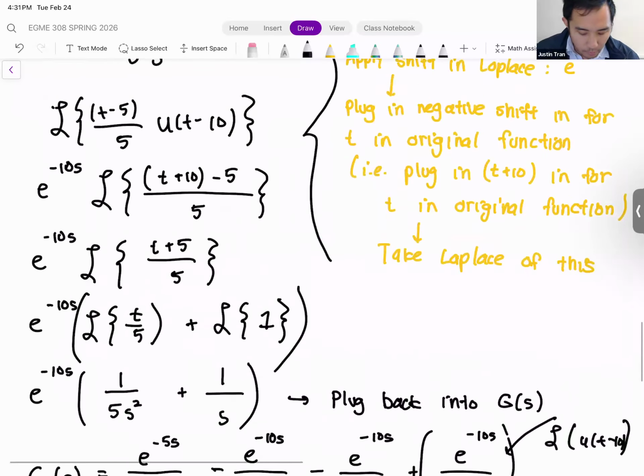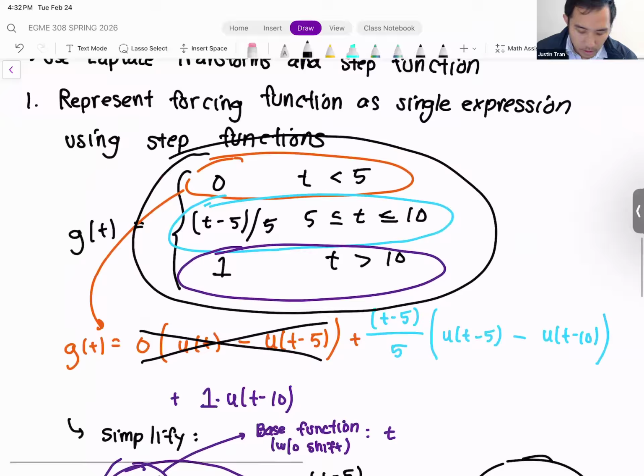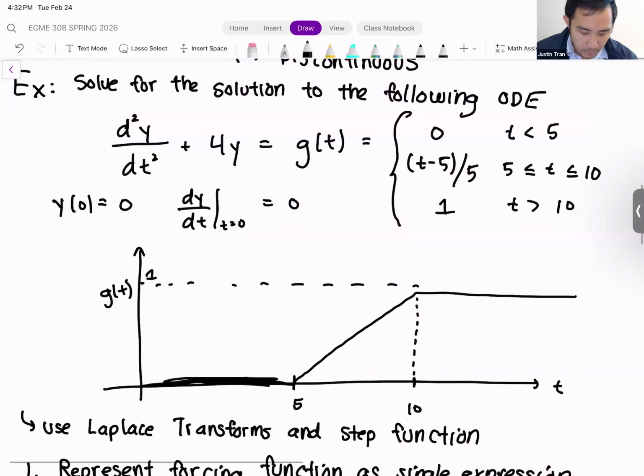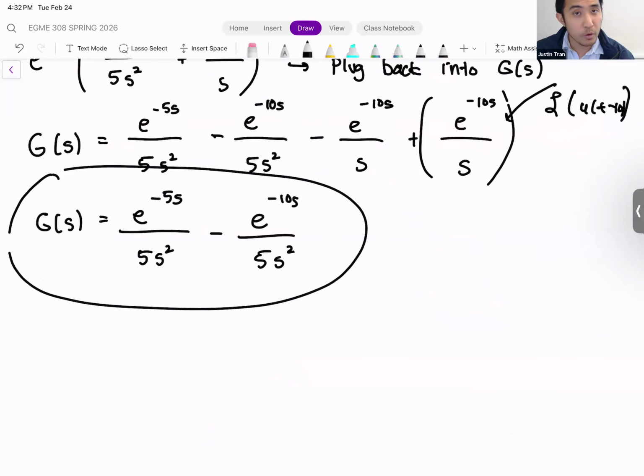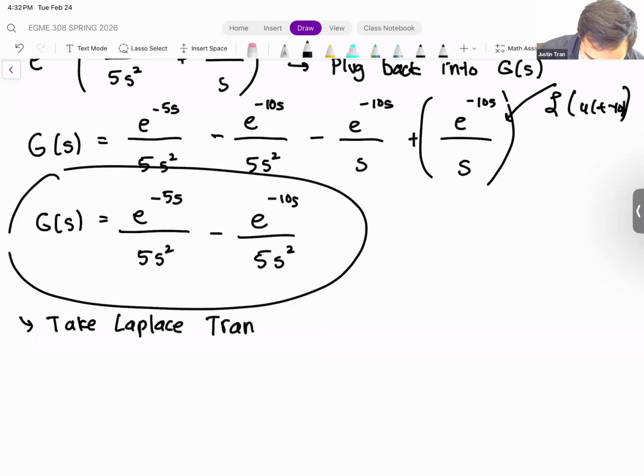Now that we have our forcing function, let's plug it back in. The next step is to do our typical Laplace algorithm to solve our differential equation. So let's take the Laplace transform of the entire differential equation.